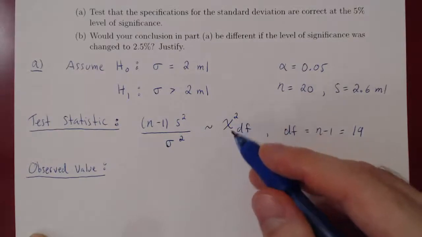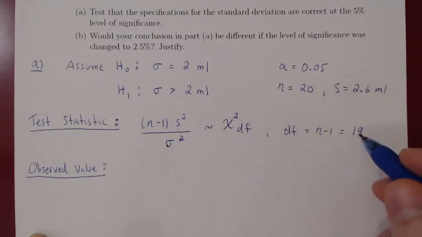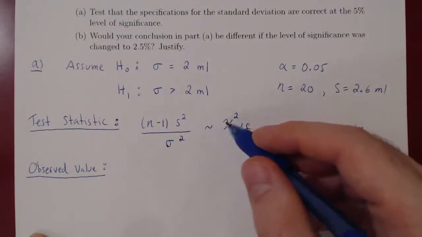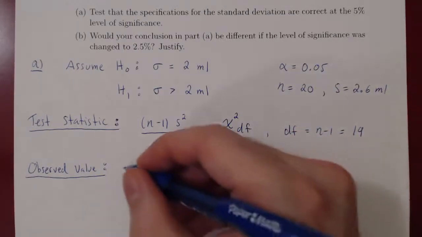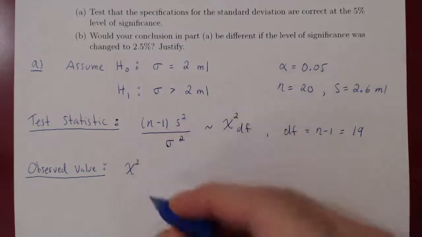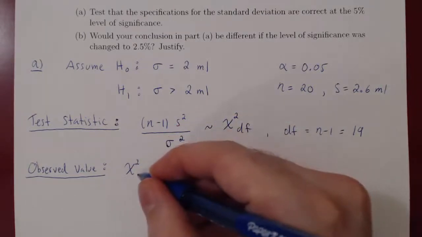Since we have a chi-square distribution with 19 degrees of freedom, what I'll usually do when we have an observed value of a test statistic is write the variable, here it's chi-squared, with a subscript OBS for observed.